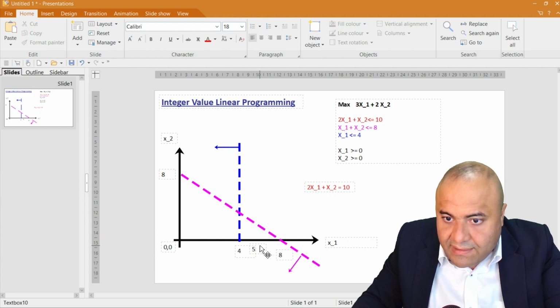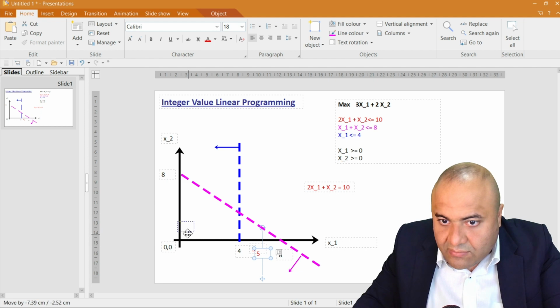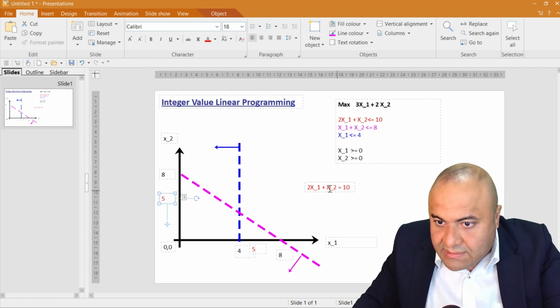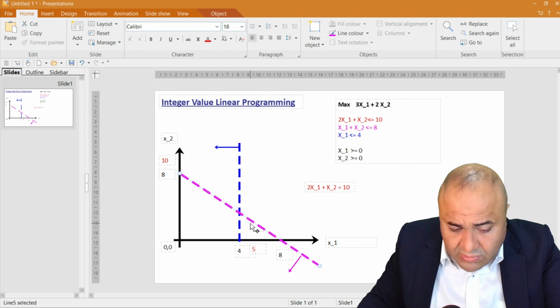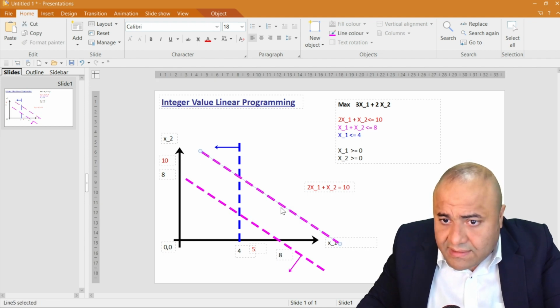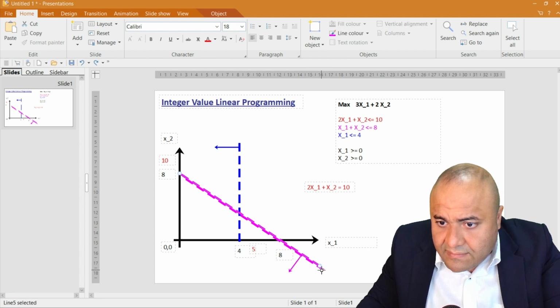And again, you can just make it simple here or make it obvious. Now, when x1 is 0, x2 will be 10. So it will be here. We just take the same thing, just this one.